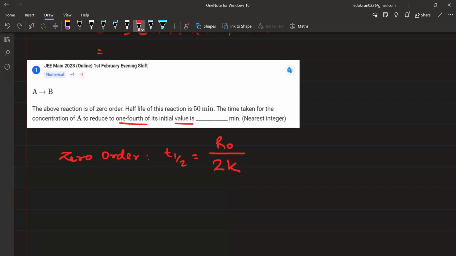To reduce to 1/4 of initial value, that means 3/4 of the reaction is complete, है ना? कैलकुलेट कीजिए, कैसे कैलकुलेट होगा? So we have to find K, then we have to apply in the. नहीं, K आपको नहीं फाइंड करना पड़ेगा, पहले ही हो जाएगा.